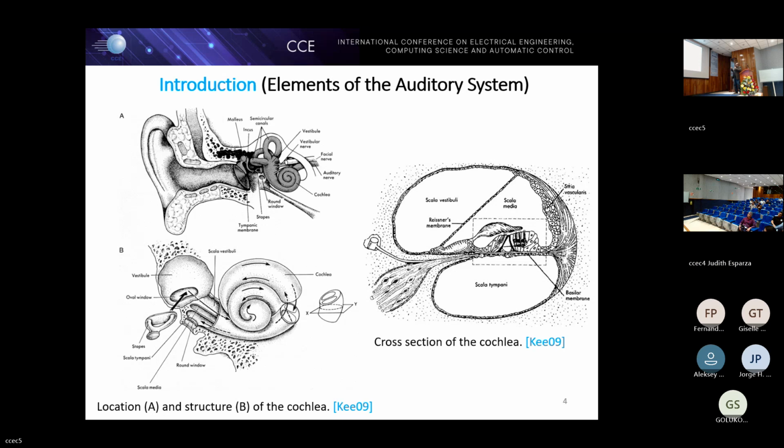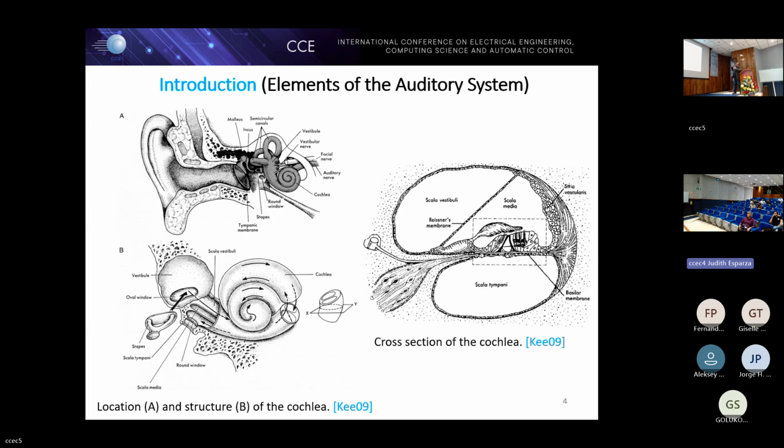Next, please. In this work, I propose to use the response of the human auditory system. This picture shows a schematic of the ear. This part corresponds to the outer ear, this part corresponds to the middle ear, and this part is the inner ear.